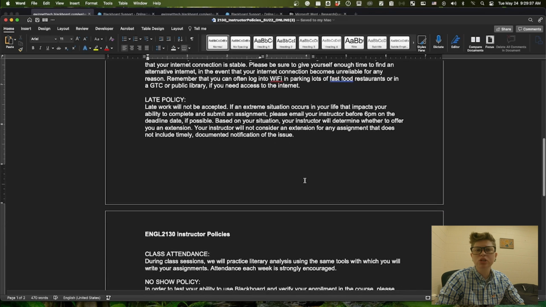Now, a late policy, late work, I don't accept late work. If you have an emergency or, as the syllabus says, an extreme condition, essentially that does not mean I forgot or I overslept and I didn't get a chance to actually do it. I don't know how you oversleep until midnight, but that's another question. I don't accept it unless there is an extreme event.